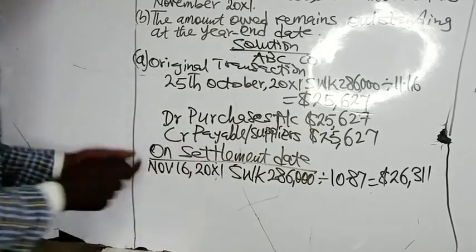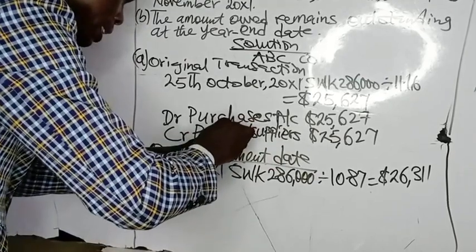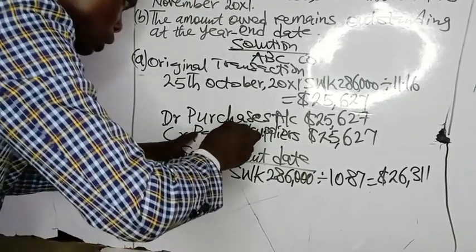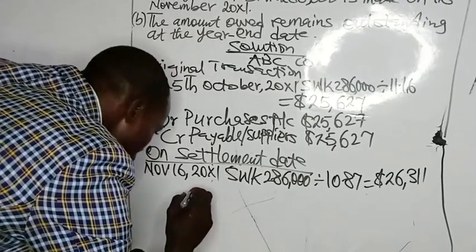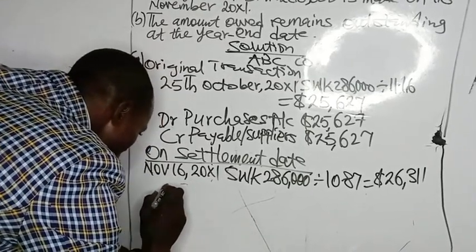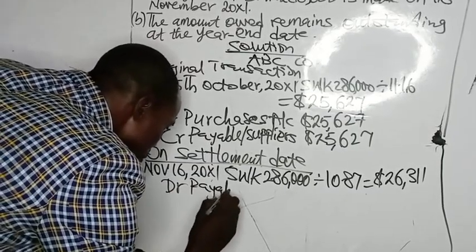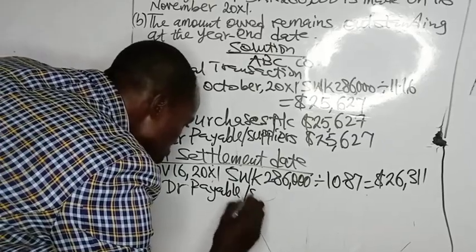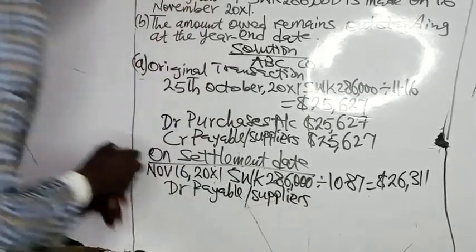So when settlement is made, the money will be paid to suppliers. So in that case, you debit the suppliers or payables account. How much do you owe the supplier before?